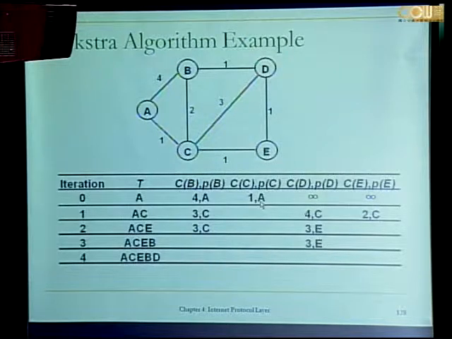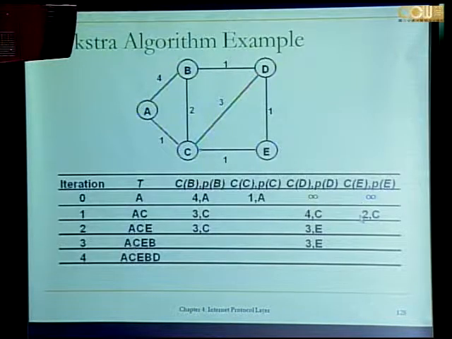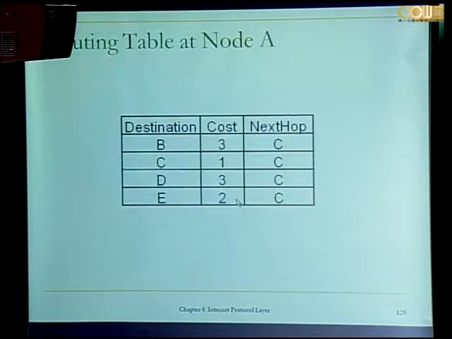To reach D, the next hop is C. To reach E, that's also through C with a cost of 2. So I got my routing table from this.